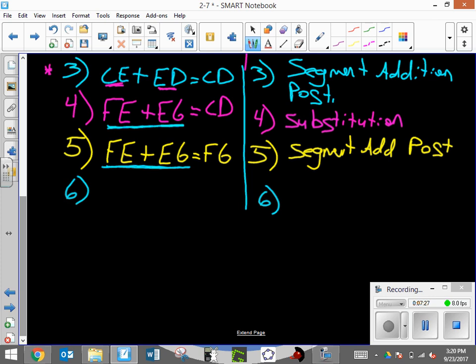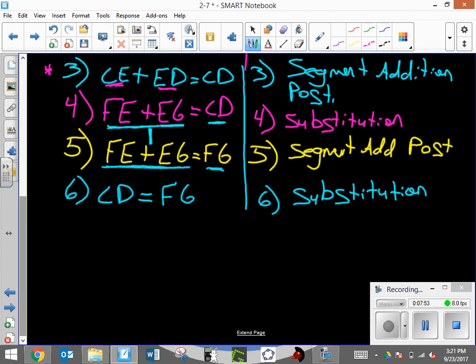Based on that, we know then that the right side, CD, is equal to FG. We can state that now because these 2 sides right here are the same. So let's state that in number 6. CD is equal to FG. And all we did here was perform substitution.